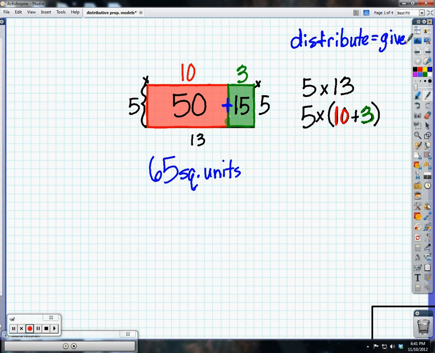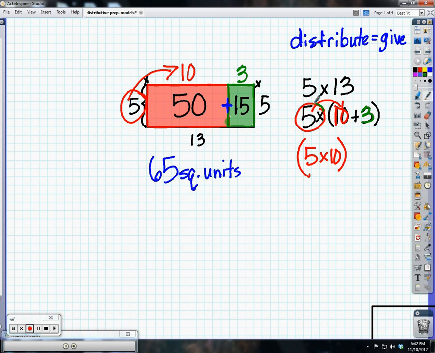So basically what we are doing is we are giving the 5 times to each number inside of the parentheses. So we would first give the 5 times to the 10. Now in our model, that's the larger red rectangle. The 5 times 10 right over here. We gave the 5 to the 10 first.